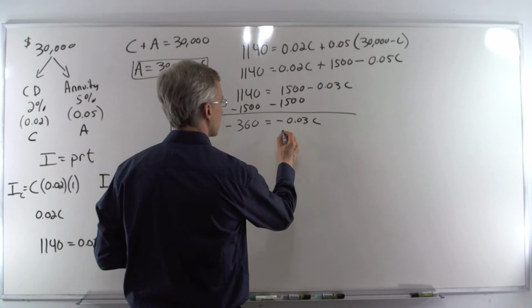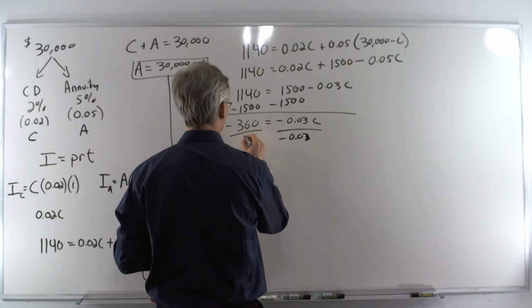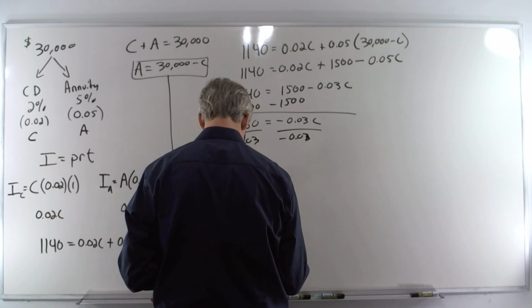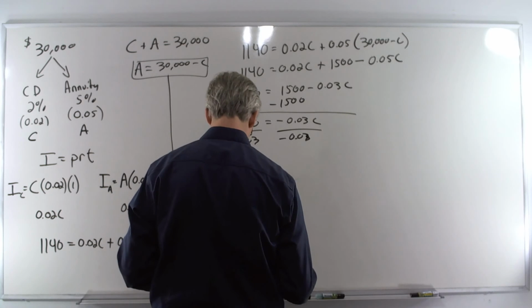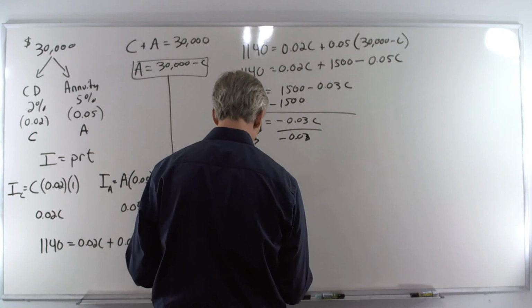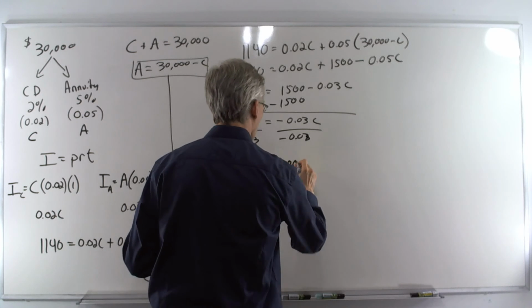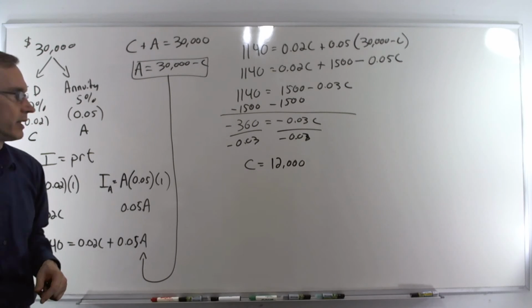Divide both sides by negative 0.03. And we get $12,000. So $12,000 was invested in the CD.